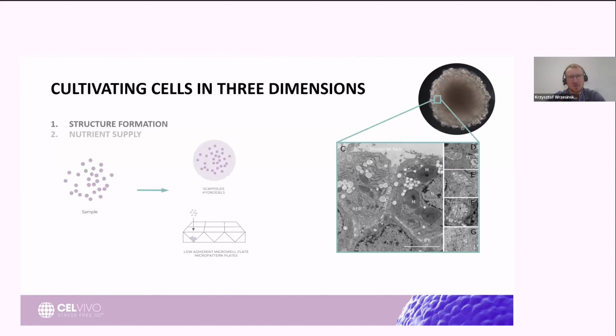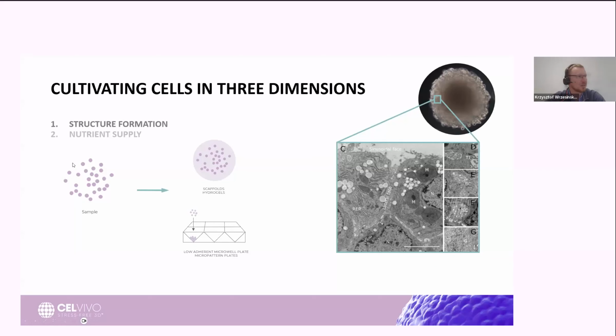So our starting material, our sample, can come from various sources, but it is most often a single cell suspension after we finish the processing, so after we finish digestion of the organ or preparing biopsies.